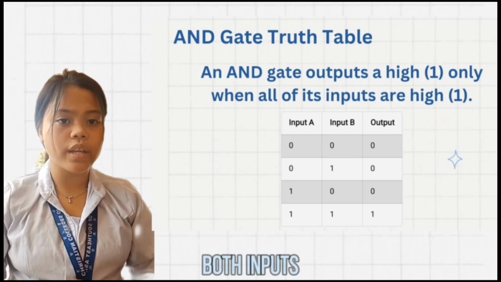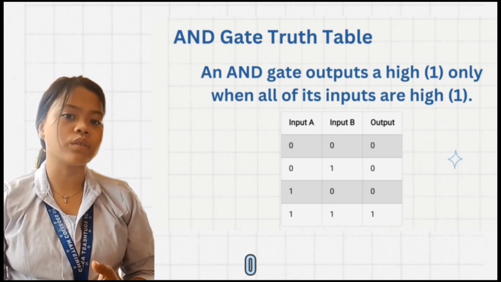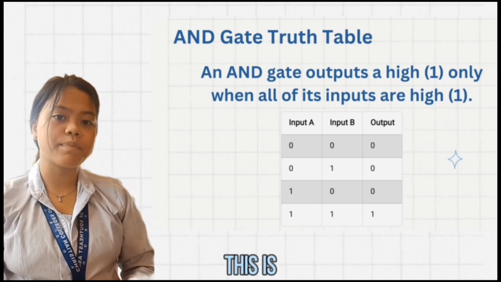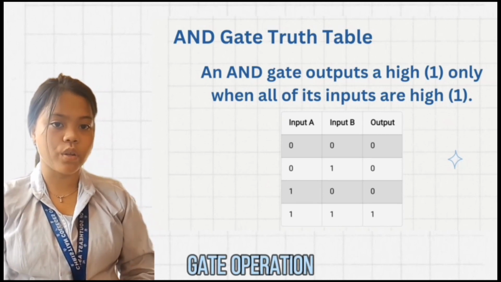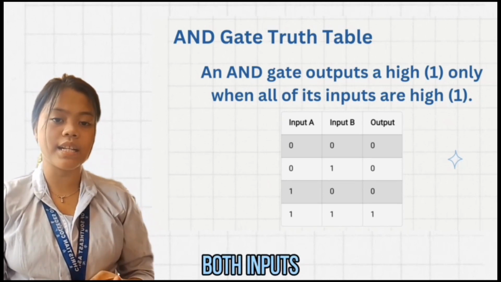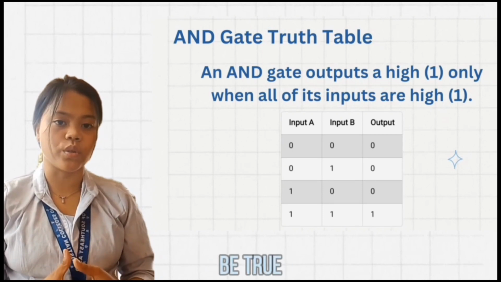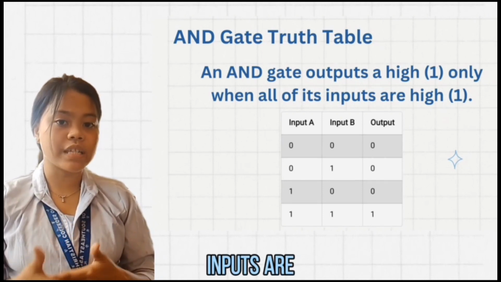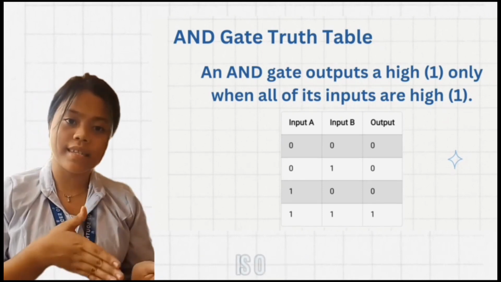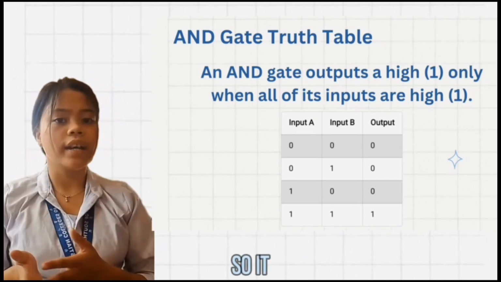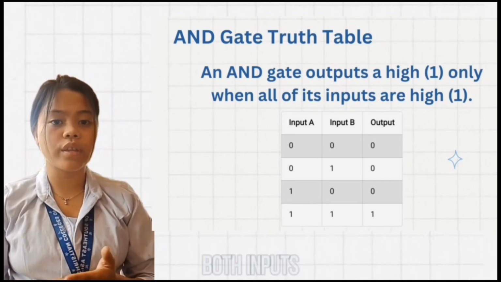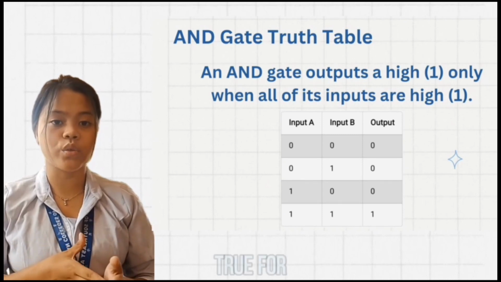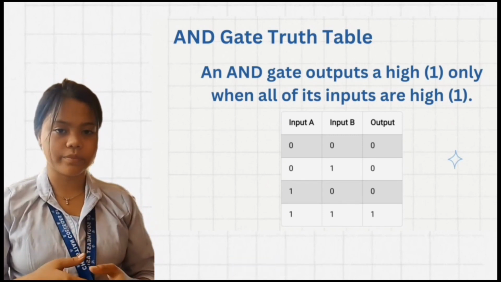So when both inputs A and B are 0, the output is 0. This is because in the AND gate operation, both inputs need to be true for the output to be true. Since both inputs are 0, the output is 0. So it follows the rule that both inputs must be true for the output to be true.